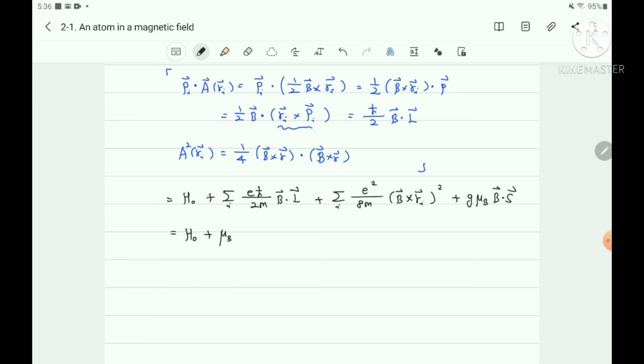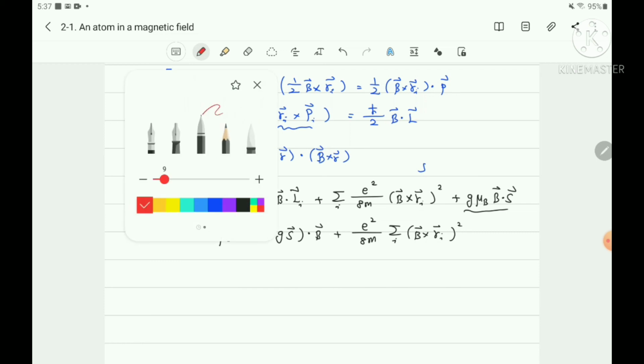Therefore, when we define the Bohr magneton, it is the Bohr magneton times L plus g S dot B, with mu_B extracted outside, and also plus e squared over 8m, the summation over i of B cross r_i squared.